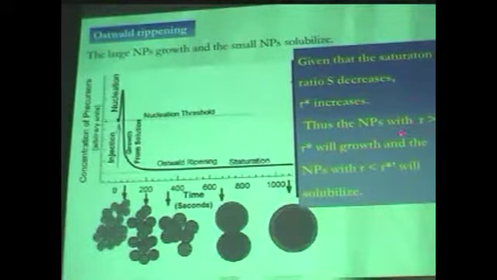Thus, the nanoparticles with a radius larger than R star prime will grow, and the nanoparticles with R smaller than the new R star prime will solubilize. For this reason, we say that the larger nanoparticles will eat the smaller nanoparticles and will grow. So, if we stop the reaction at this stage and precipitate our nanoparticles, we cannot obtain monodispersity.